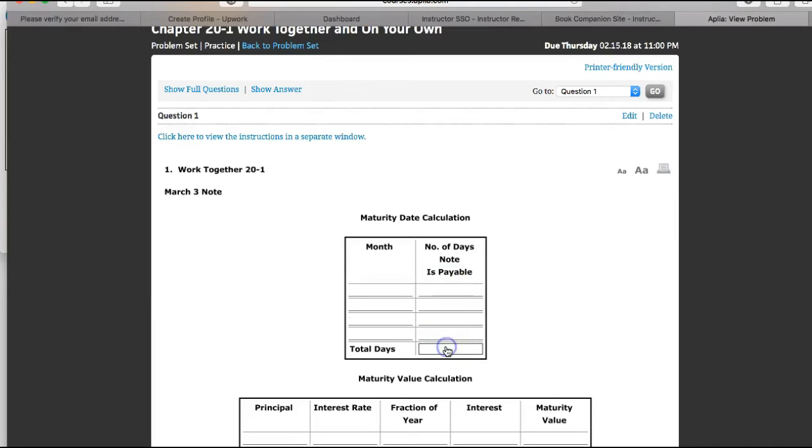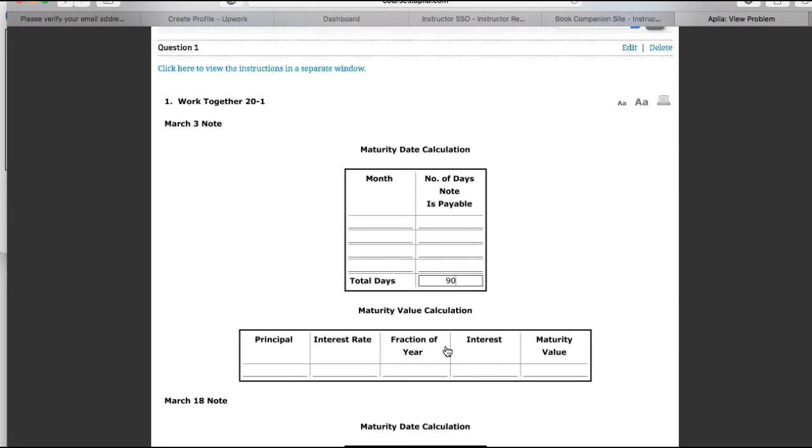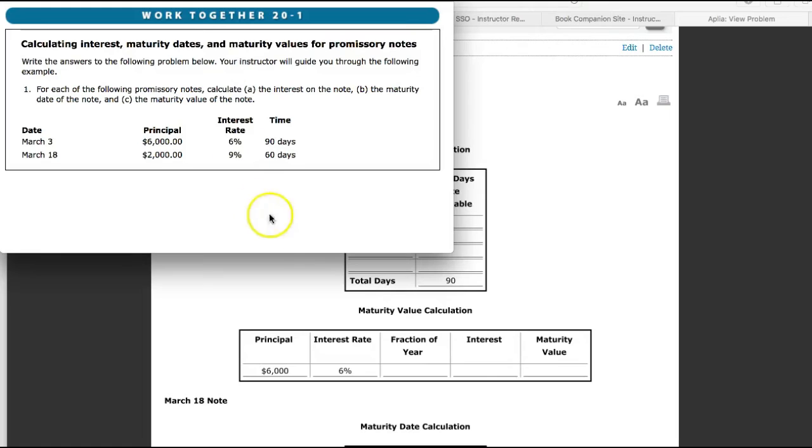Okay, so we know that our total days is going to be 90. And just so I don't forget, our interest rate is 6%, and our principal was $6,000. I got all of that from here. So 90 days, 6%, and $6,000.